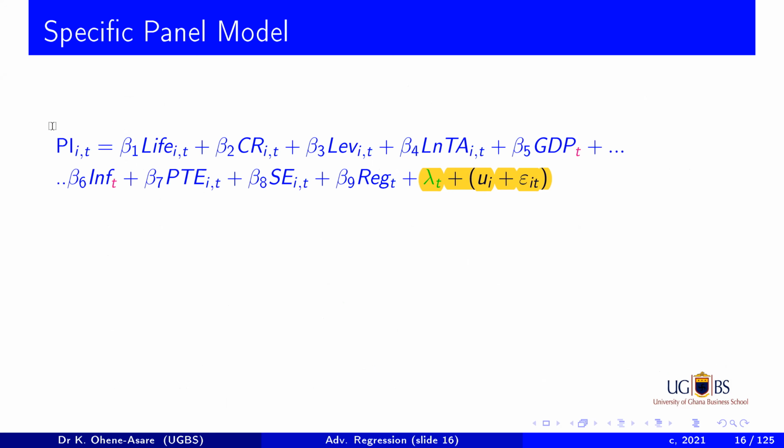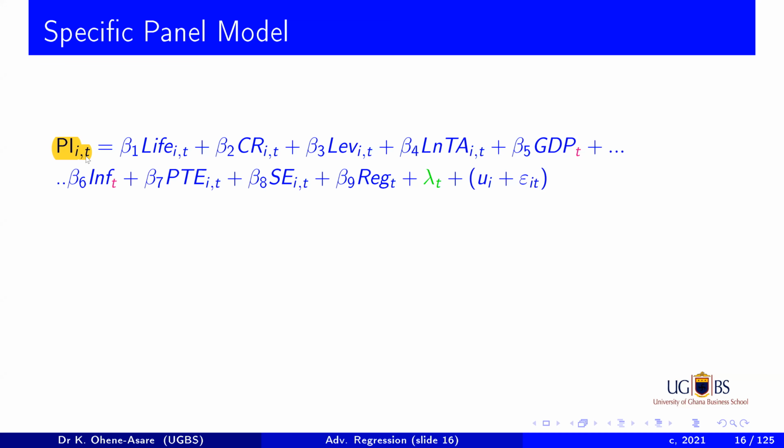Now, watch not just the name of the model, but watch whether the variable is changing across individuals or across time. Look at the first one. The first one is changing across individuals and across time. This is called the productivity index. We calculate a certain productivity, and we believe that this index is affected by other factors.